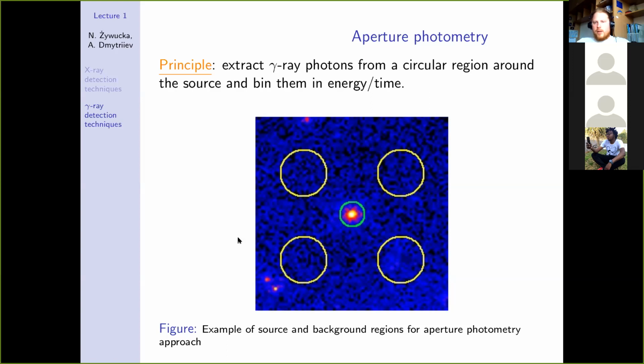Because you need to make the background measurement as accurate as you can, and for that you need several regions to make an average, so it will be more precise. The larger the region is, the better the averaging. For instance, the radius of this region is 2 times larger, so you have 4 times the area of the source region.